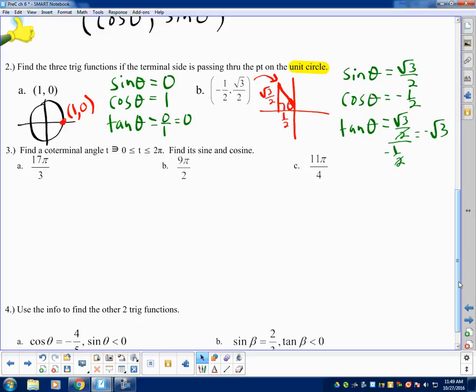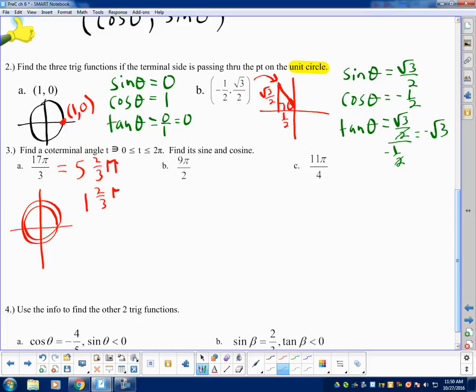So 17 pi over 3, it's helpful, I think, to just think of it as a mixed number. 3 goes in 5 times with 2 left over, so 5 and 2/3 pi. So what's happening here is I go around 2 pi and then 4 pi, and then I have 1 and 2/3 pi left over, which is the same as 5 pi over 3.